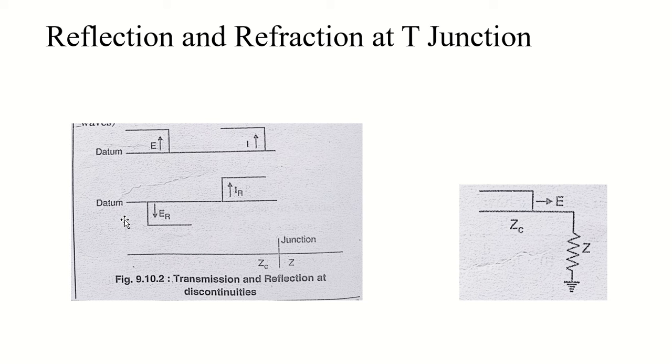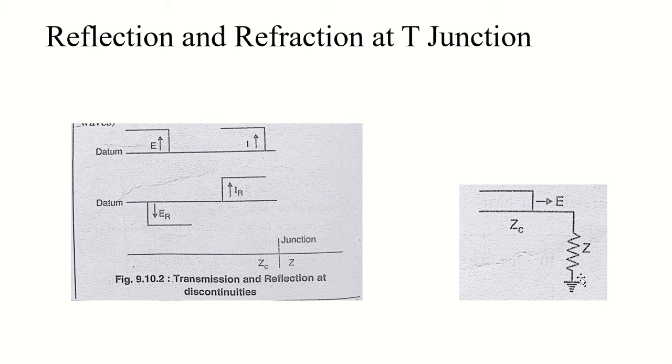So the forward current waves and forward voltage waves will have the same polarity, and if the wave is being reflected, the corresponding current and voltage waves have opposite polarity. Now the wave of the current and voltage will be transmitted along the line of characteristic impedance ZC, which is terminated by the impedance Z. As you can see here, ZC is terminated by impedance Z.